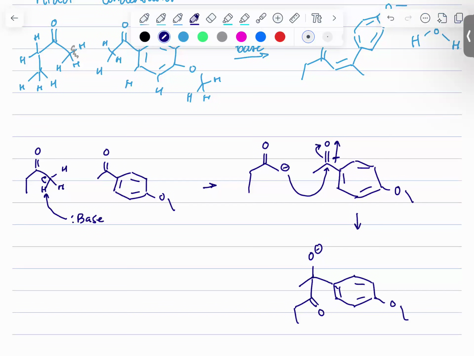Does anyone know what this intermediate is called? What's up? We're going to cover the curly arrow mechanism for this one, and then we can go back to disconnection analysis.